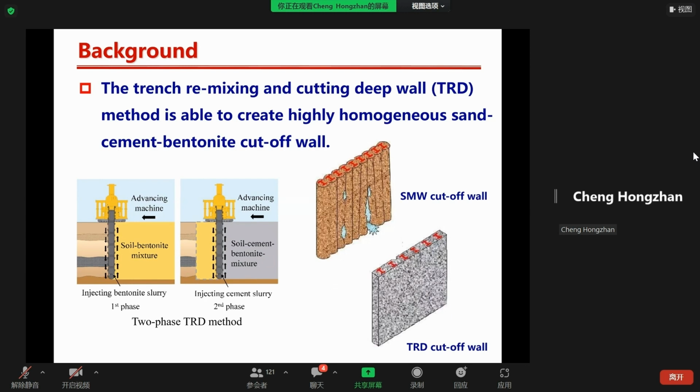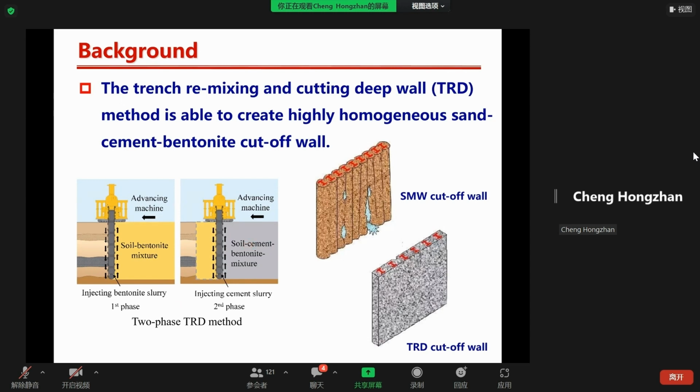In the first phase, bentonite slurry is typically selected as the cutting fluid, and the cement slurry is usually selected as the hydraulic binder. For the one-phase method, the natural soil is cut and mixed with the two slurries simultaneously.